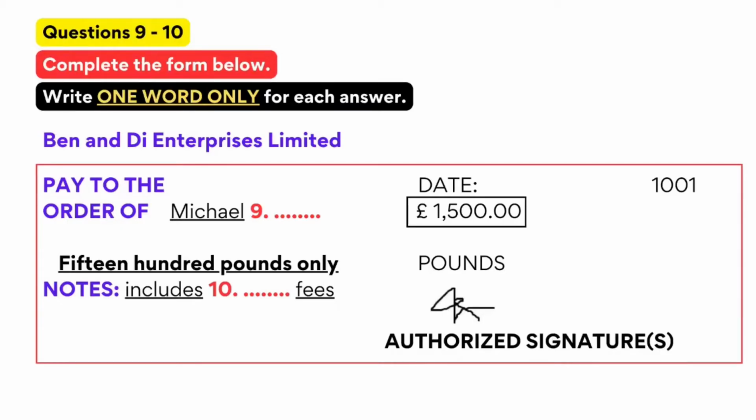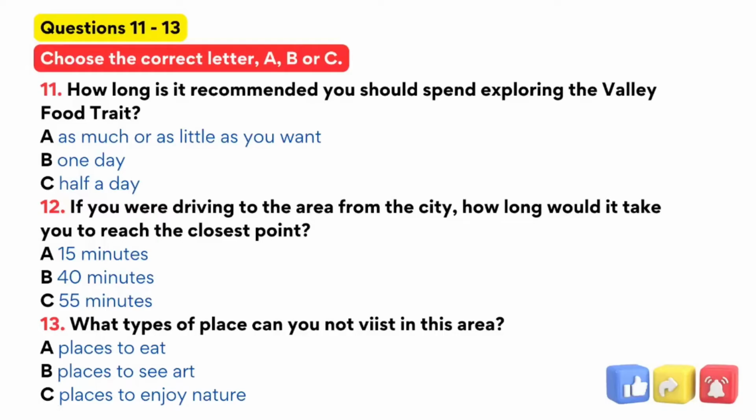Now turn to Part 2. Part 2. You will hear a recorded message giving information about an area where tourists can visit to taste local food. First, you will have some time to look at questions 11 to 13.